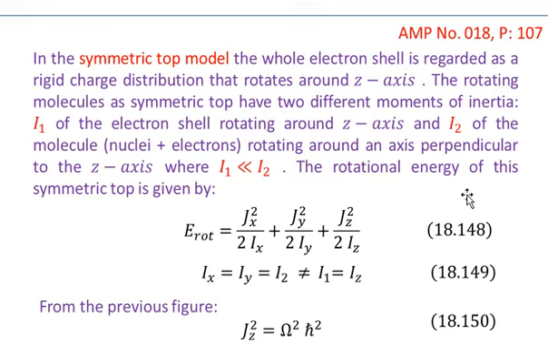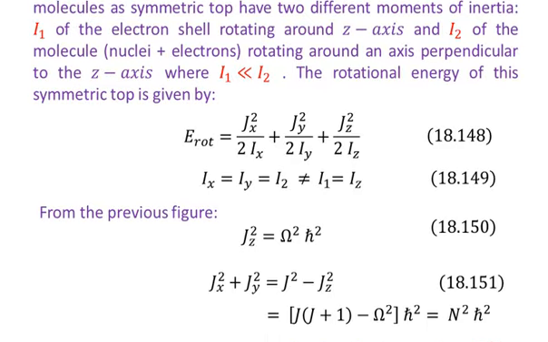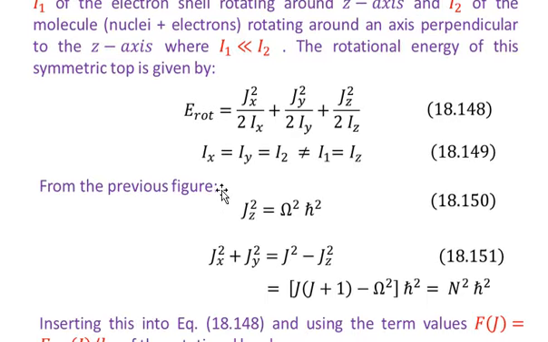The rotational energy of the symmetric top is given by E rotational is equal to Jx square divided by 2Ix plus Jy square divided by 2Iy plus Jz square divided by 2Iz. Due to the symmetry, we are here setting Ix equal to Iy, which is equal to I2, the moment of inertia of the molecule.